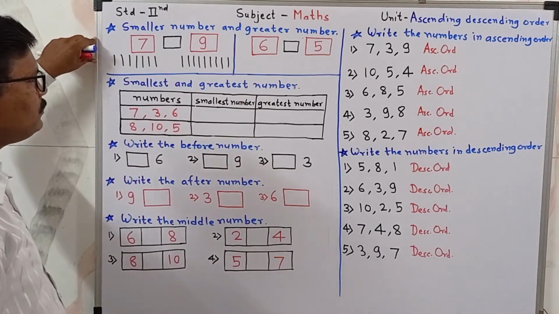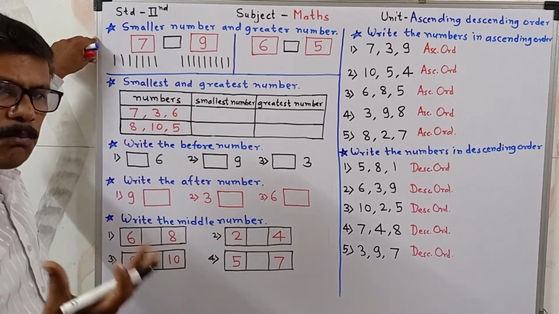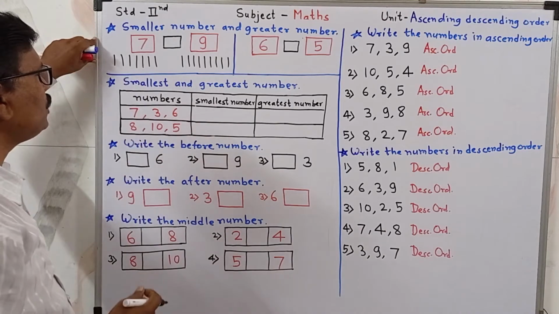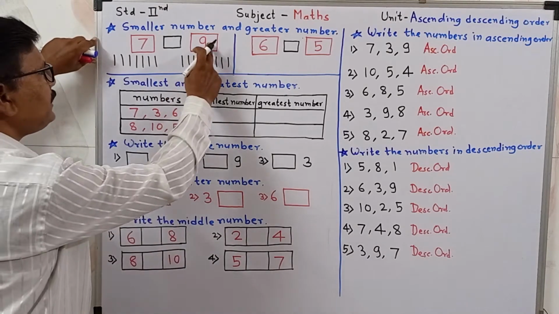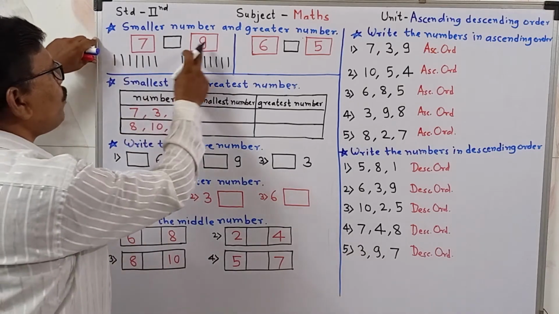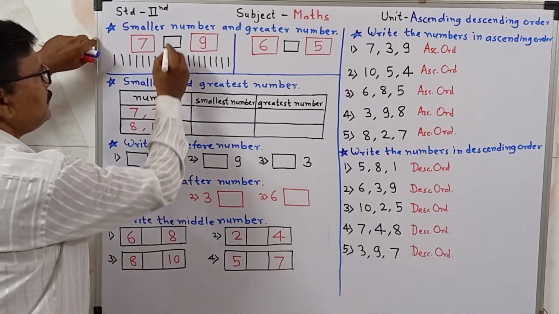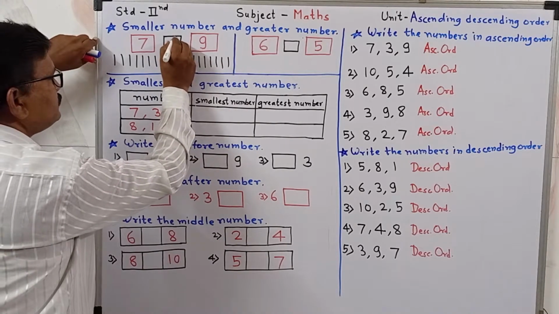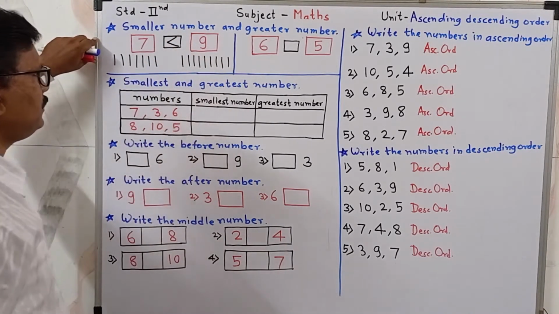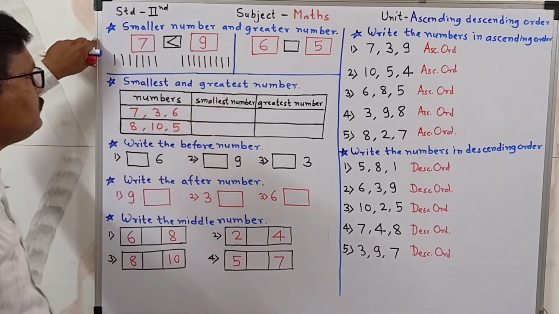Which are more? 9 lines are more than 7. So 9 is greater than 7 and 7 is smaller than 9. So which sign? Greater than. 7 is smaller than 9.